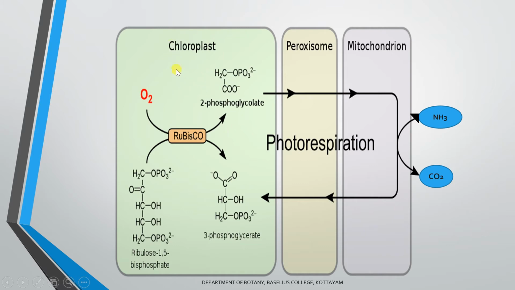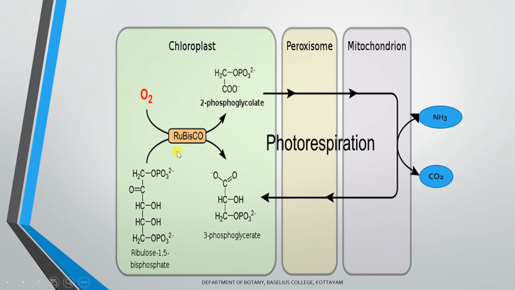From this representation, it is clear the C2 cycle operates in 3 different cell organelles: chloroplast, peroxisome and mitochondrion. Here the reaction starts in chloroplast because Rubisco is here. The substrate of Rubisco is RuBP.